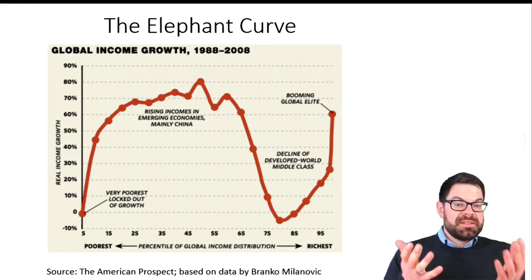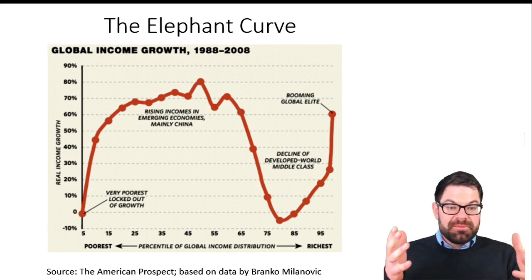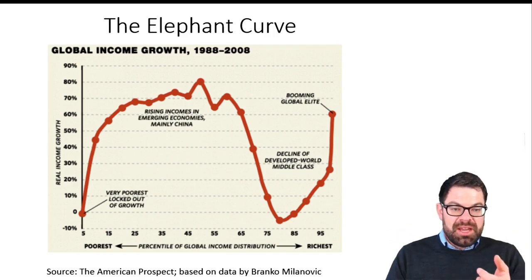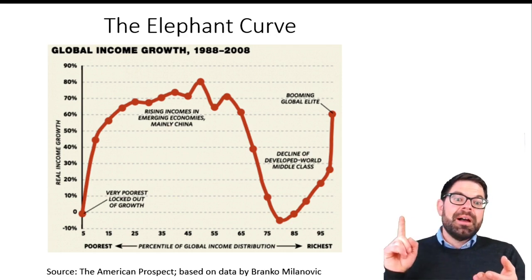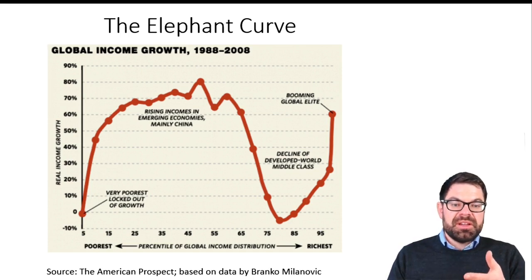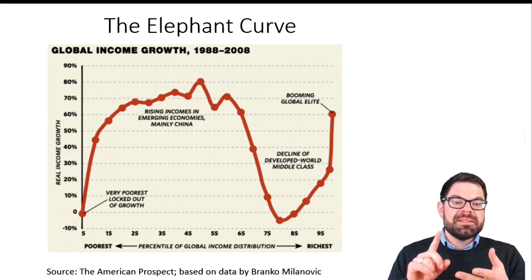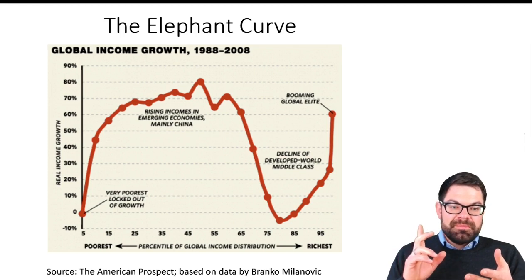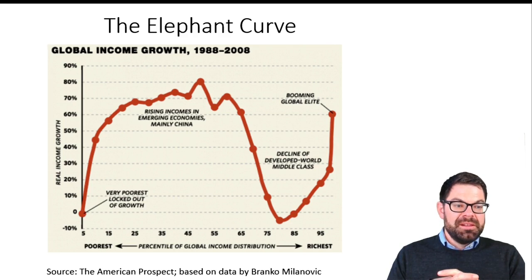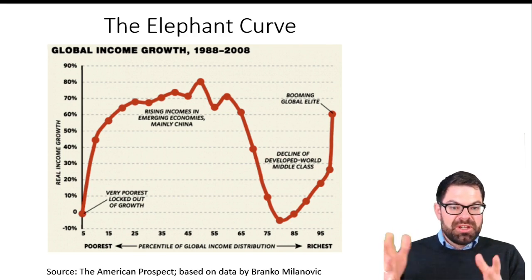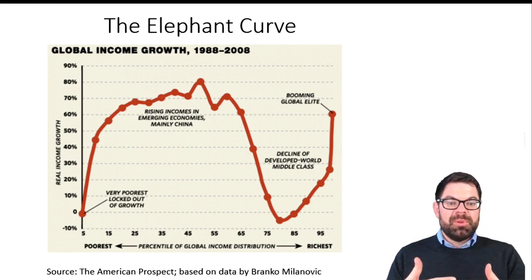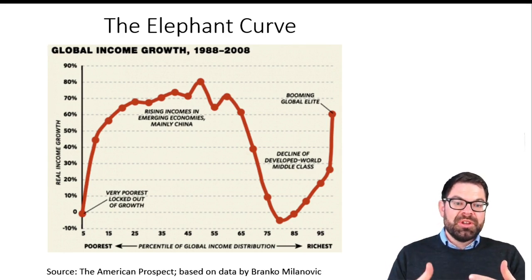So these are lots of countries and regions of the world, but it's mainly the emerging economies. So China, parts of India, then parts of Southeast Asia, the likes of Thailand, Vietnam, and parts of South America, especially Brazil, also Russia. So there are many countries in which large amounts of people have seen a huge income growth.